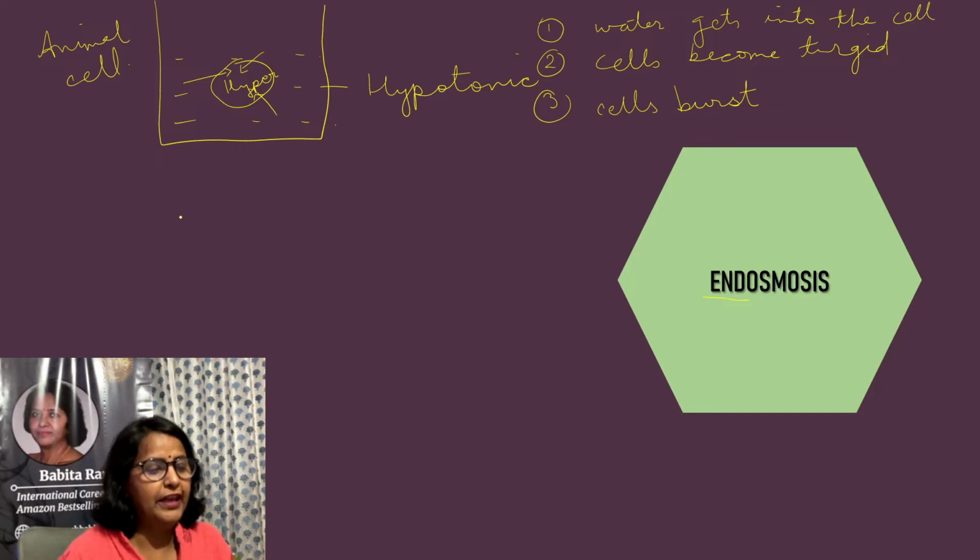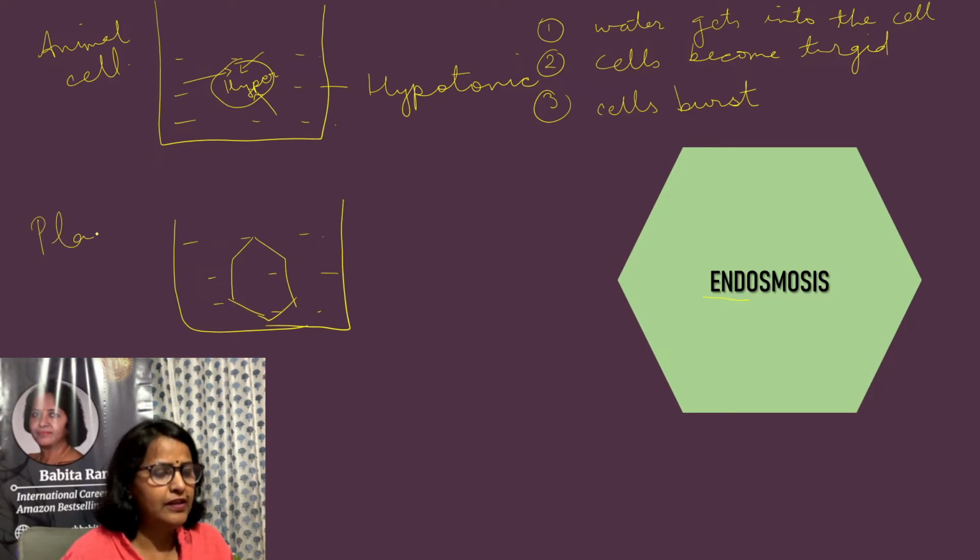What will happen in plant cell? Let us see that also. This is a plant cell. This is a hypotonic solution.